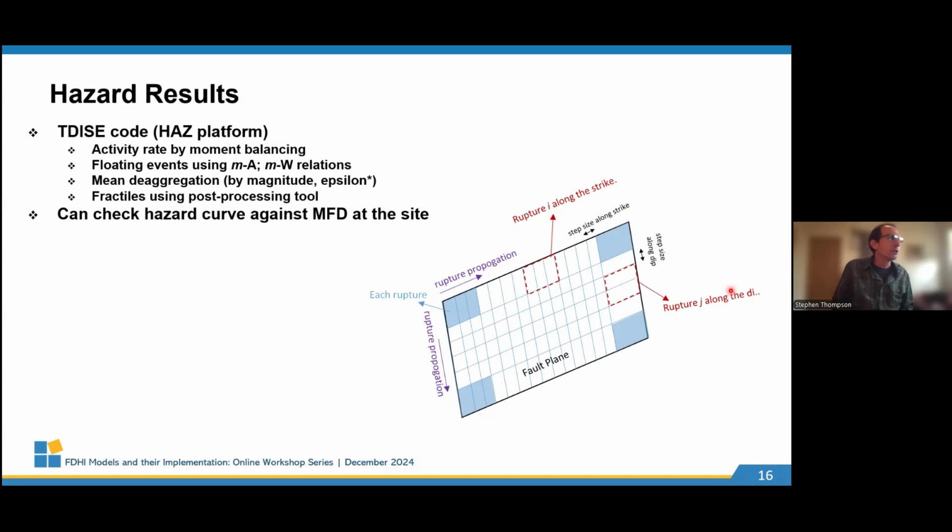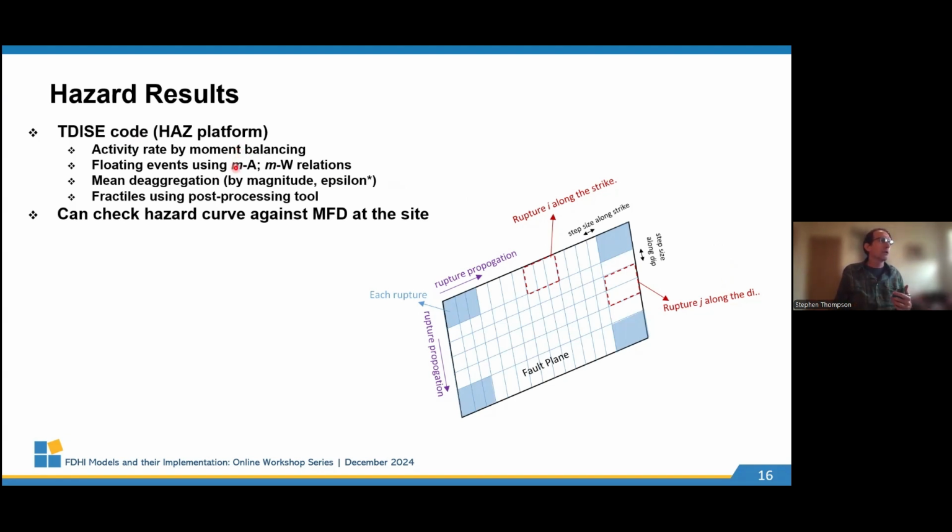Okay. So we have our source logic tree, and we have our fault displacement logic trees. Now, in looking at the hazard results, the software program that we use is an LCI code called TDIS-E. It is based on Norm Abrahamson's HAZ platform. So those familiar with HAZ 45 can imagine a lot of the inputs and internal machinery are quite similar. Activity rate is solved by moment balancing the accumulation rate with the moment release rate.